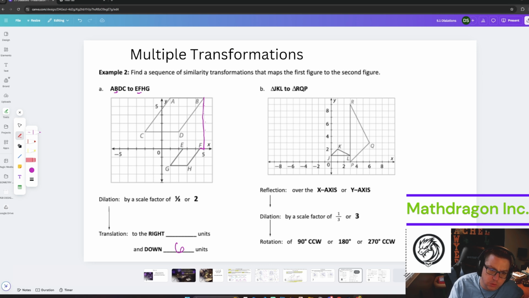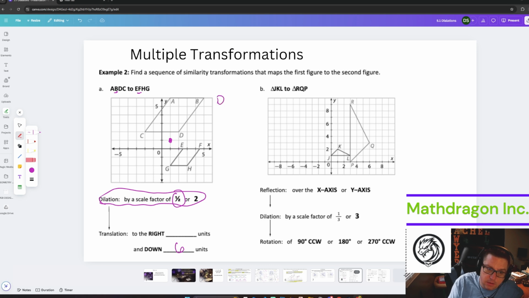Oh, I'm doing it in the wrong order. So the first thing that I need to do is dilate it by a half. So I want to create a smaller object.